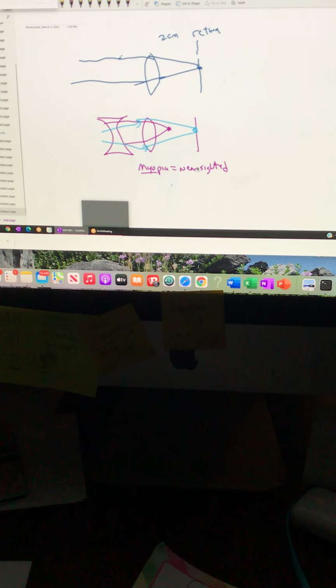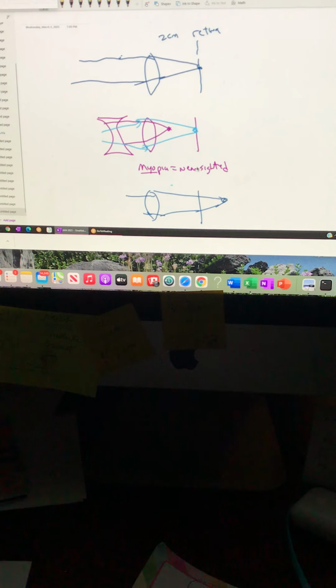And then you have something called hyperopia. Hyperopia doesn't really allow you to focus the light, because you can't send light through your retina, but if you could, hyperopia would focus the light beyond the retina.